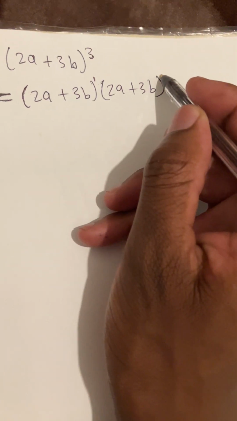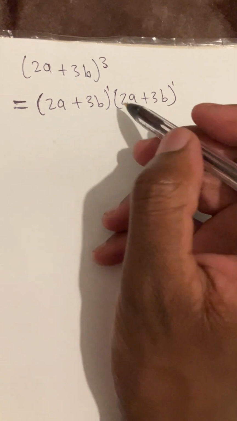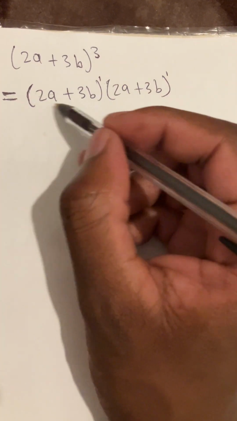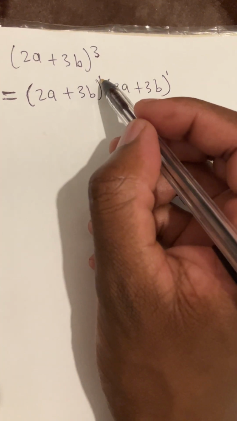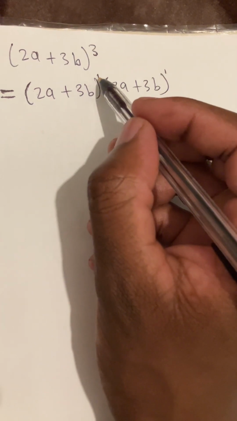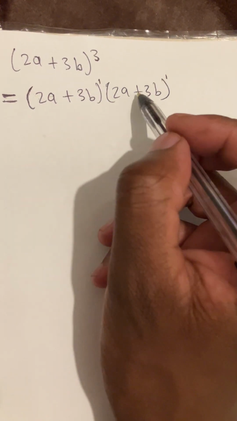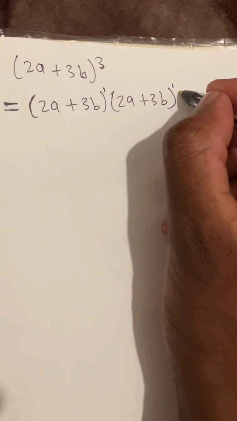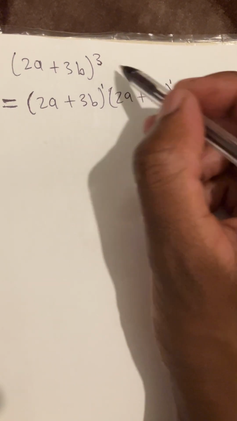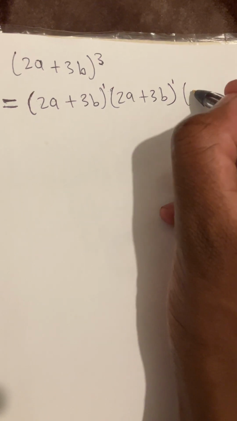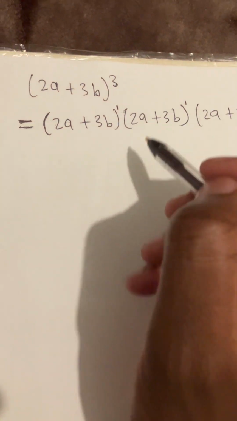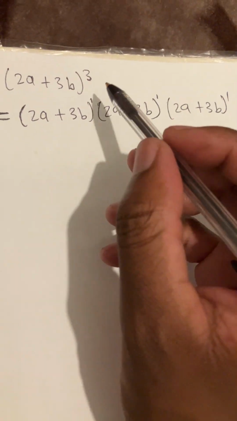These are to the power of 1. This multiplied by this multiplied by this, we just have to add these powers. It's gonna be 1 plus 1 equals 2 to the power of 2, which is not adding up to 3, so you have to create another bracket. 2a plus 3b. Now we have all 3 brackets.